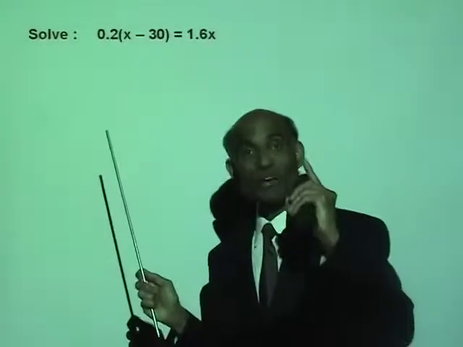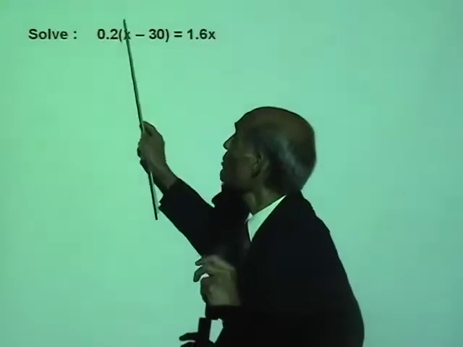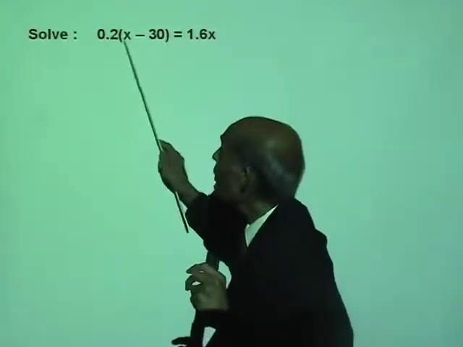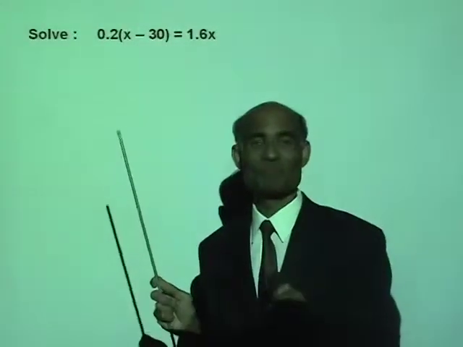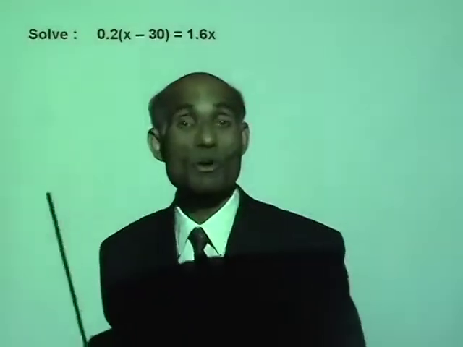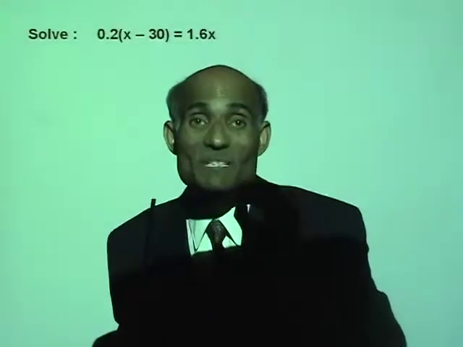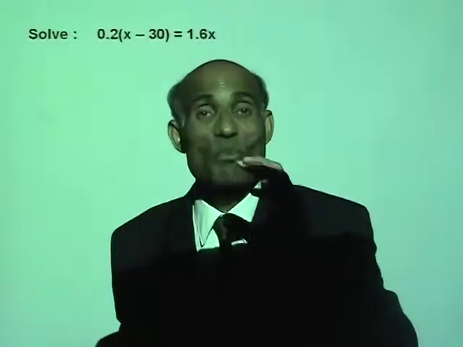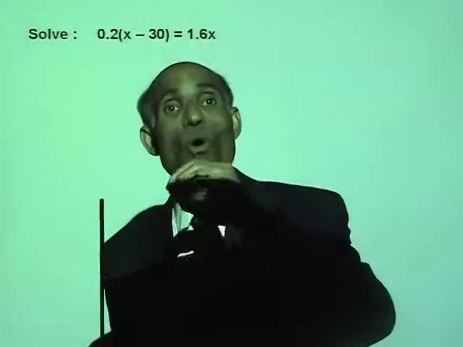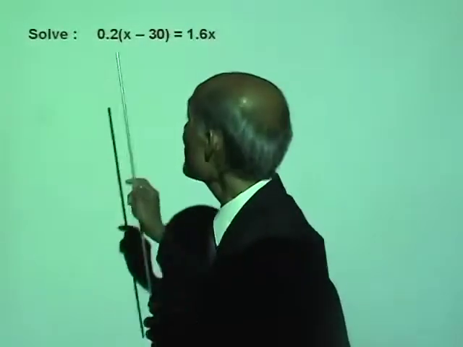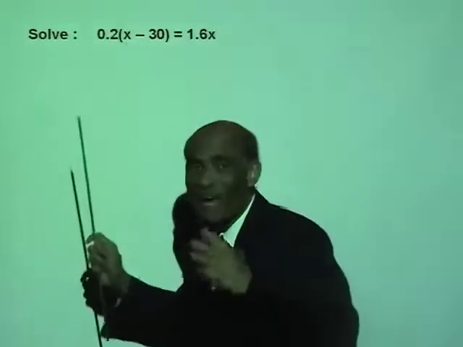There's only one term. It is 0.2 multiplied by this quantity. I have told you sometime in the past that if you have decimal numbers, it is more convenient to make them whole numbers. Now, how do we make 0.2 a whole number?